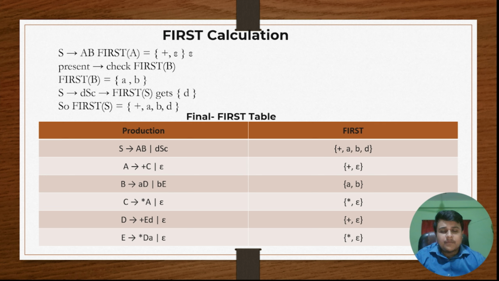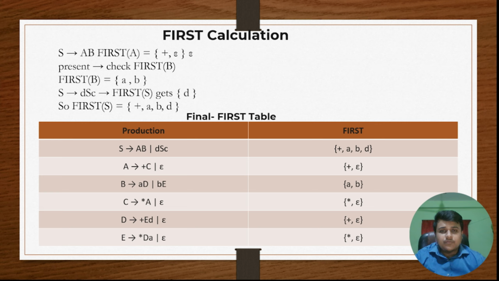Now that we have completed First of S, let us continue with the non-terminal A. The productions are A derives plus C and A derives epsilon. The first production begins with terminal plus, so we add plus to First of A. The second production produces epsilon directly. Therefore, First of A is plus and epsilon.